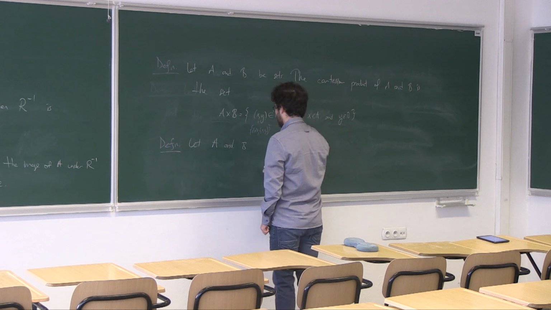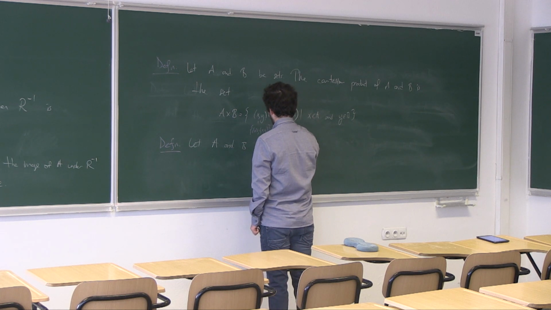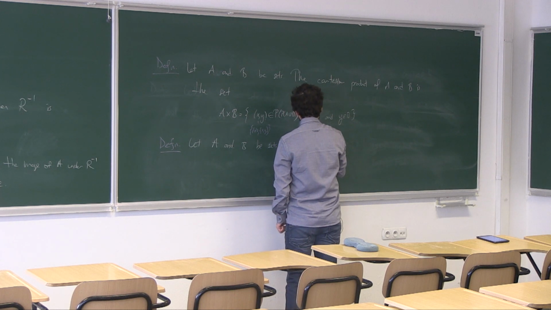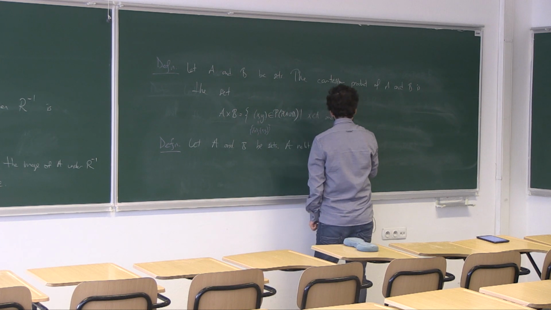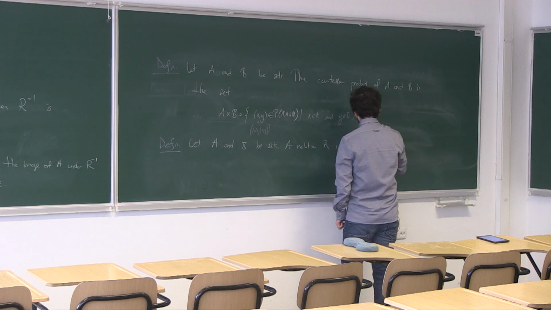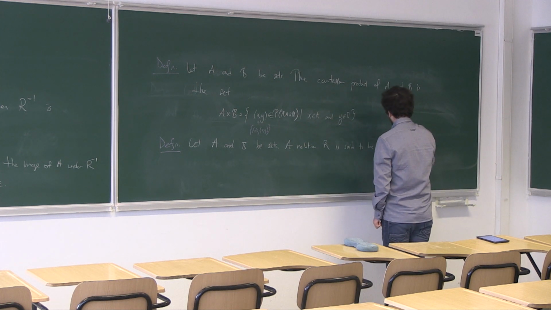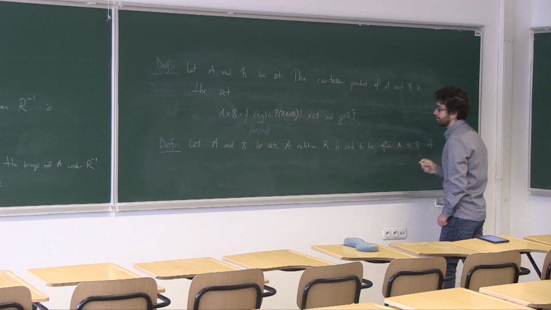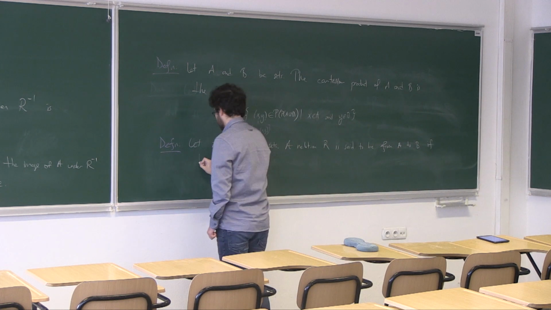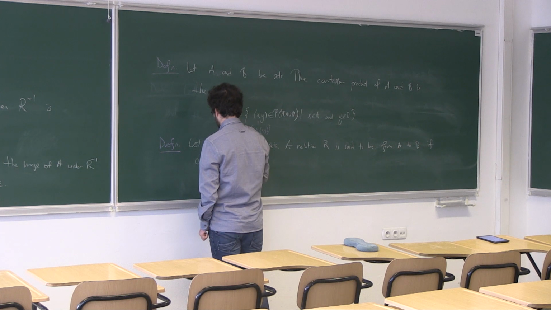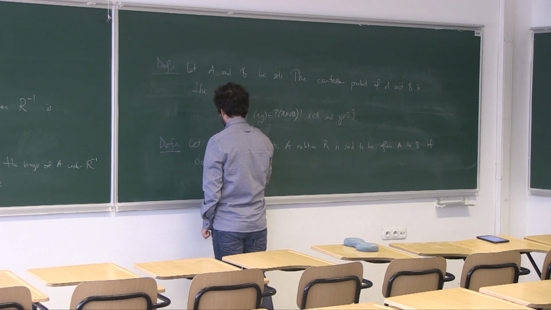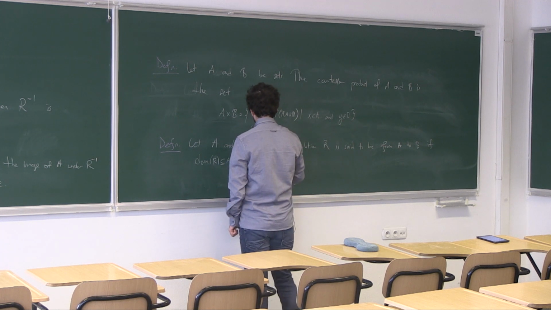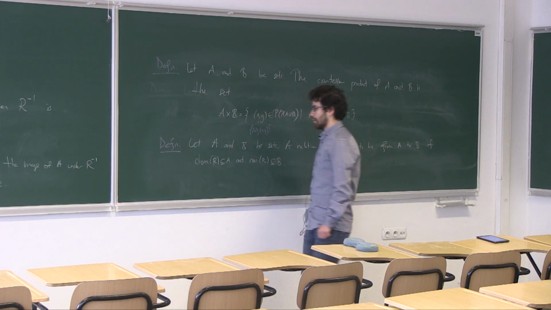So let A and B be sets. A relation R is said to be from A to B if the domain of this relation is a subset of A and the range of this relation is a subset of B. Okay?